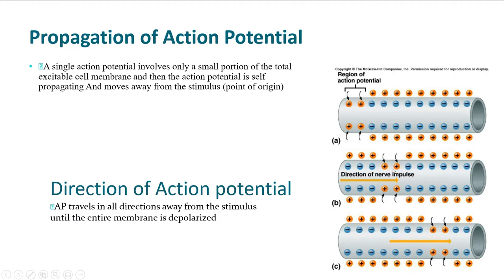This positivity moves not only in the forward direction but also backward, so it will depolarize the entire length of the nerve fiber. So the direction will be in all directions.